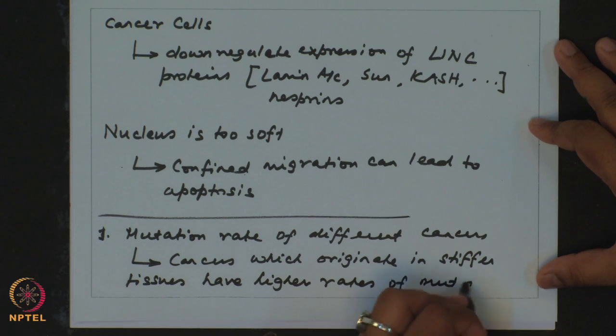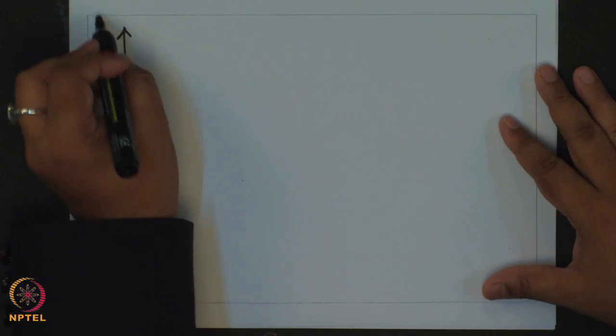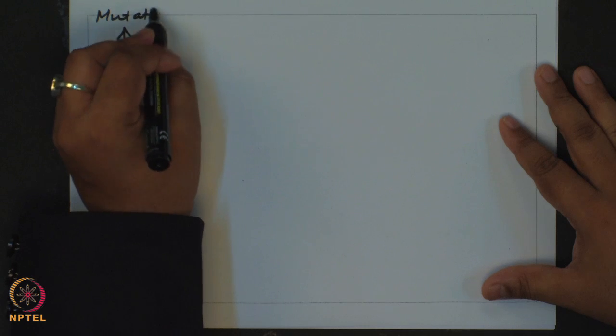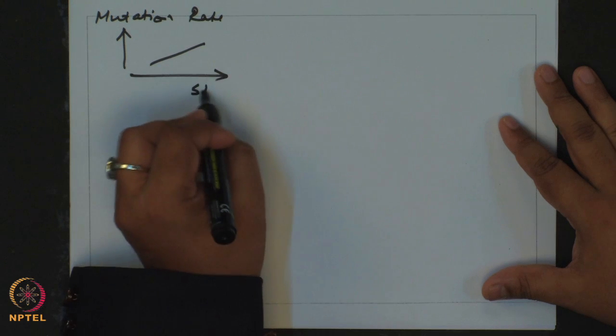Okay. So, how can we put the pieces of the puzzle together? Mutation rate increases with stiffness.